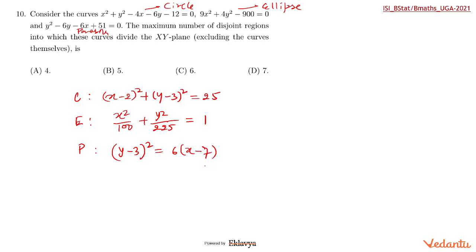So these are the three curves given. The question asks for the maximum number of disjoint regions into which these curves divide the xy plane, excluding the curves themselves.